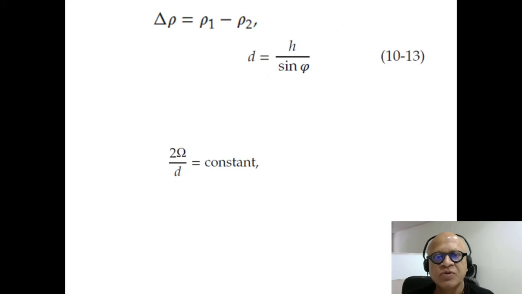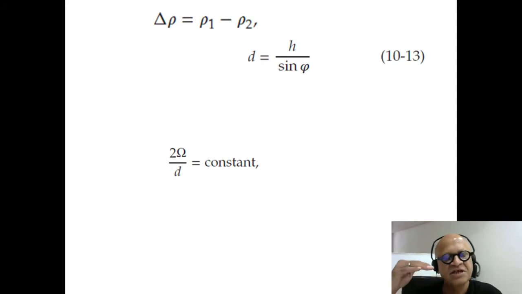Okay, so remembering again, delta rho is rho 1 minus rho 2, our old relation from the previous podcast. The height of the Taylor column is h, the depth of the water column in this case, the depth of the layer with density rho 2 on top of the ocean that's hiding the topography.